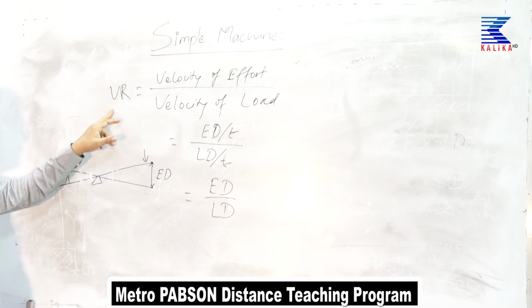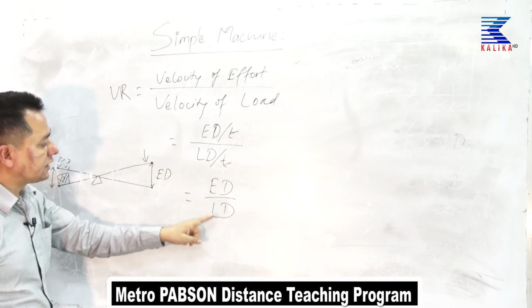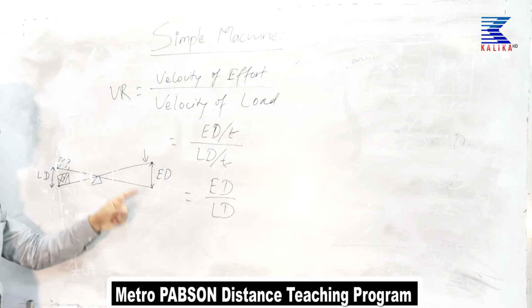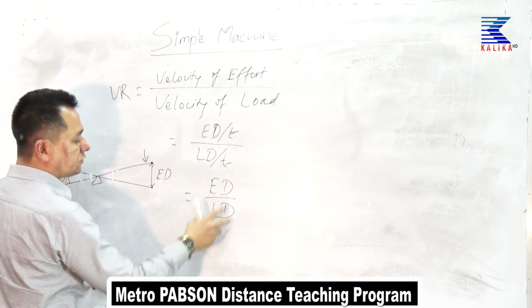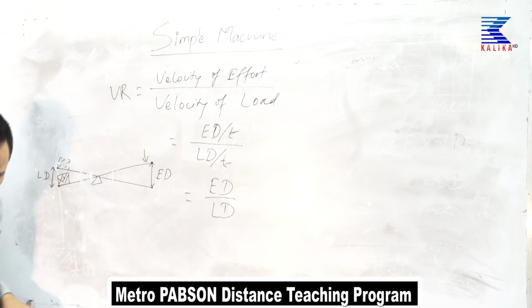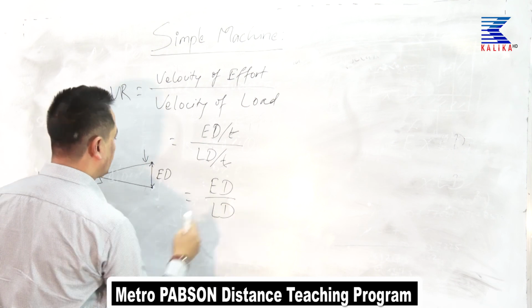So the final velocity ratio is equal to the ratio of two distances, effort distance and load distance, in this device. These are ratios of the same physical quantity, so again, it does not have any unit. I guess you are clear on it. So velocity ratio is the ratio of effort distance to load distance.